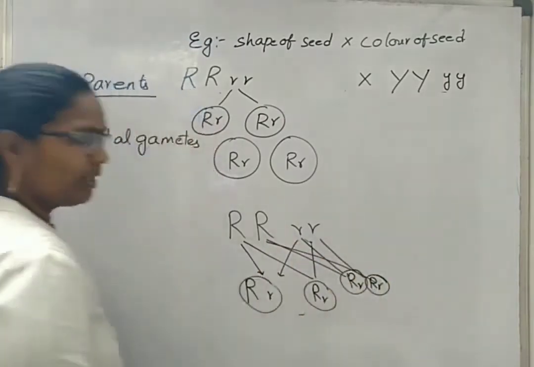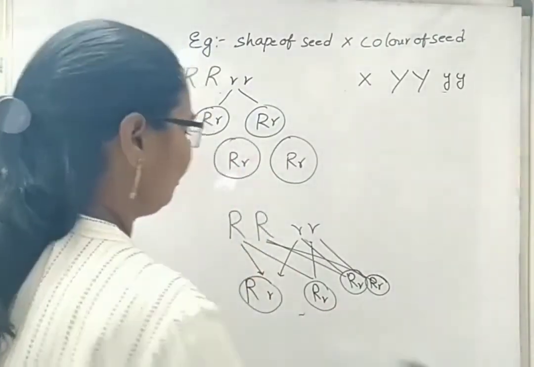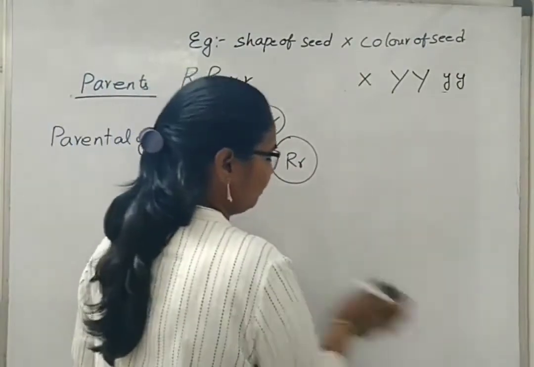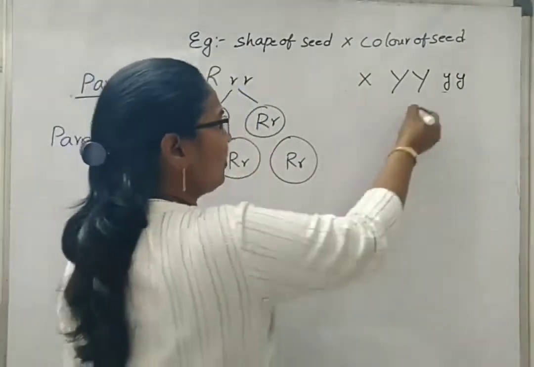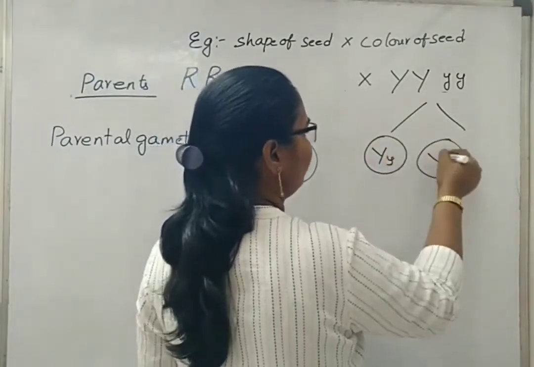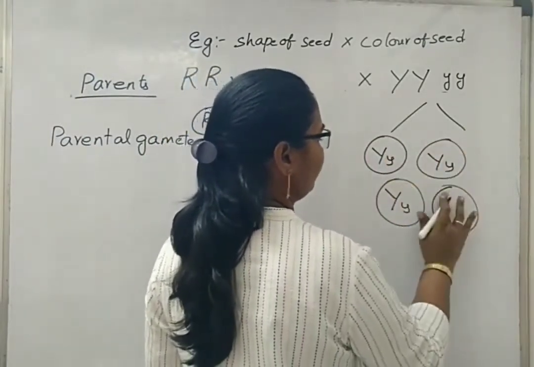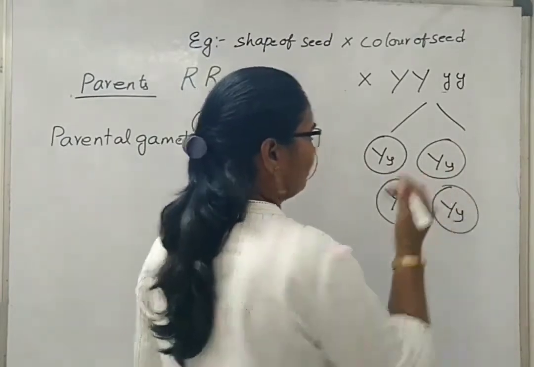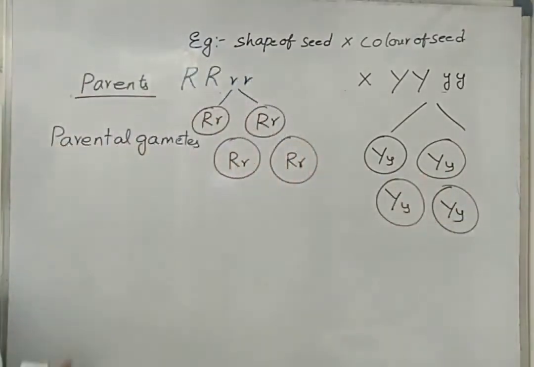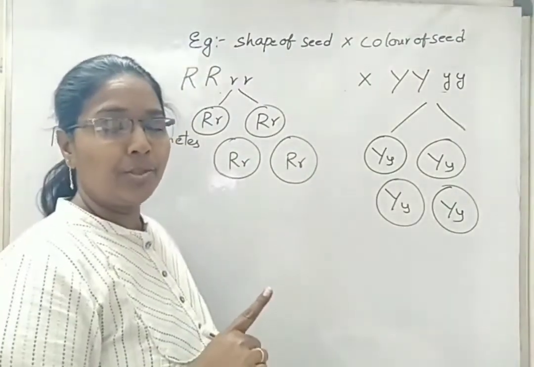These heterozygous forms of allele distribution only I have written here. Here also we can do the same. Like this. So we have got here one type of gamete or allele distribution into the gametes.